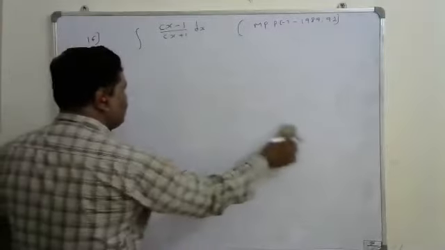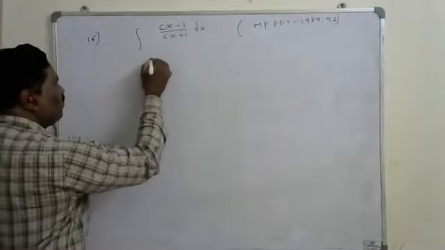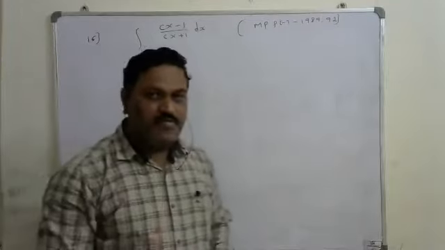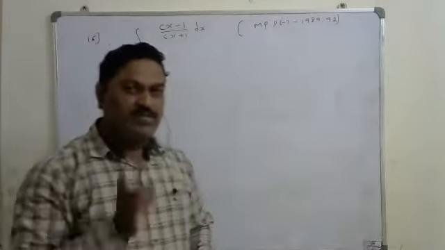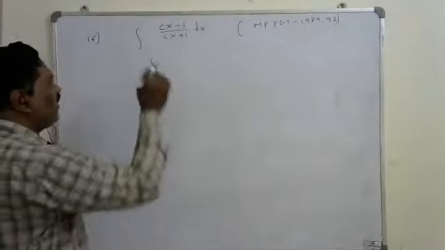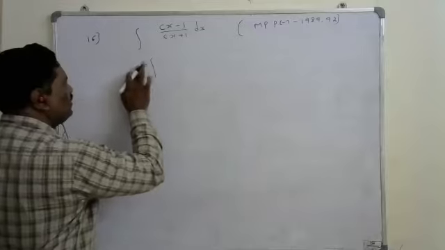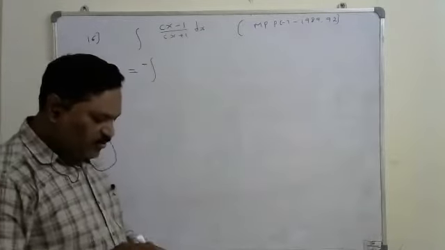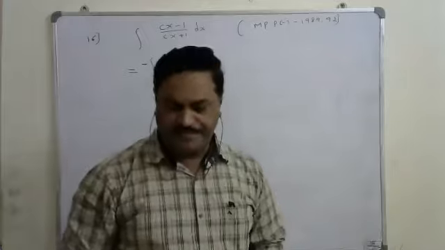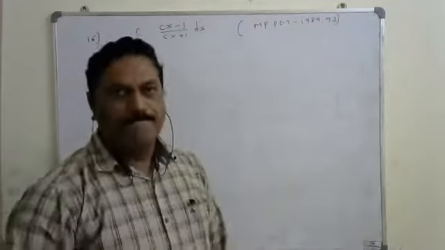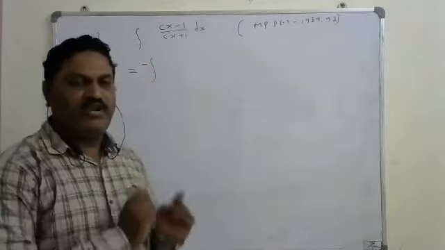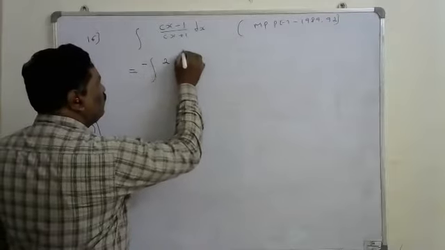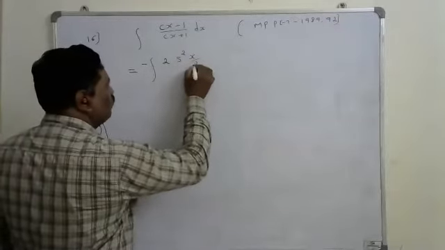To evaluate this, in the numerator there is cos x minus 1, but we know the formula for 1 minus cos 2a. To get that, from the numerator take minus common. Then it becomes 1 minus cos x. Tell me, how do you write 1 minus cos x? 2 sin square x by 2.